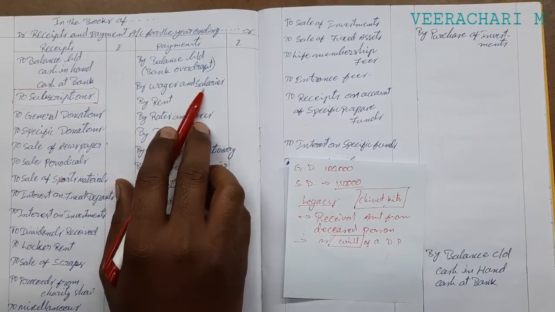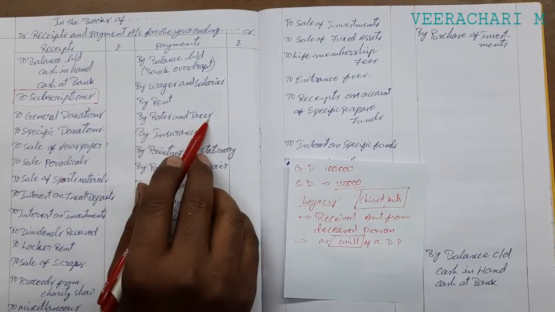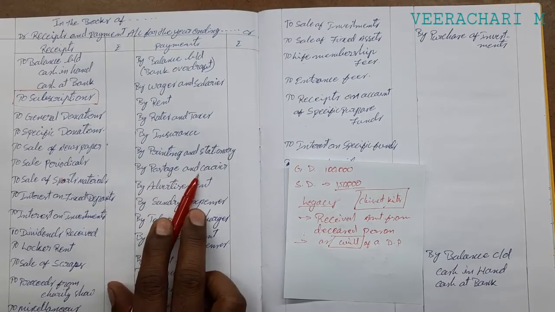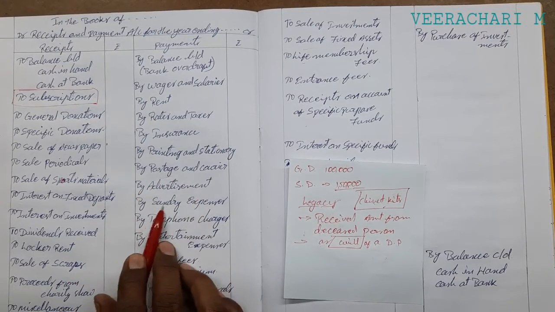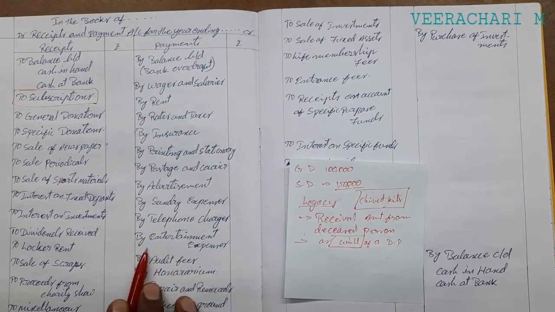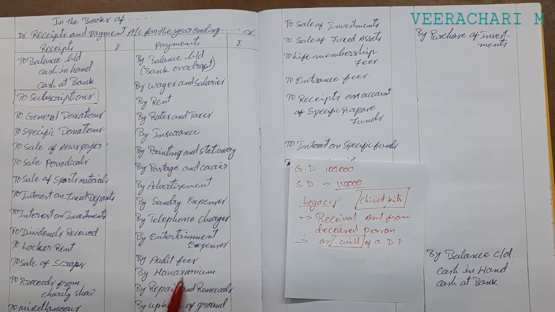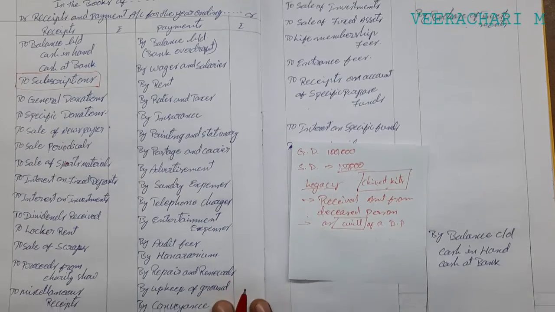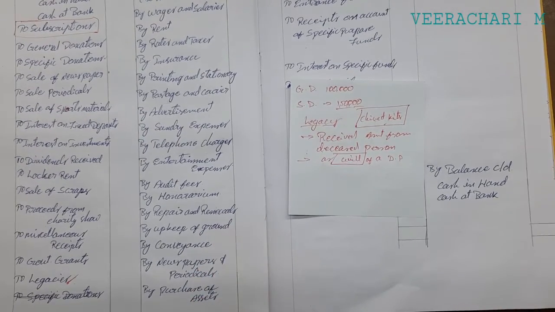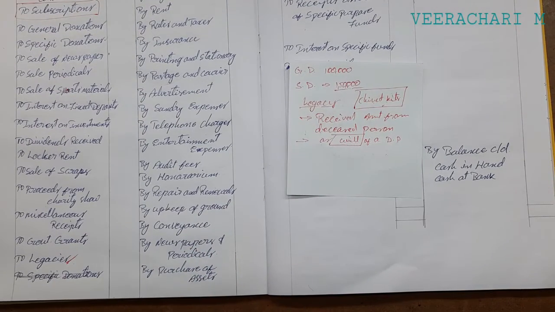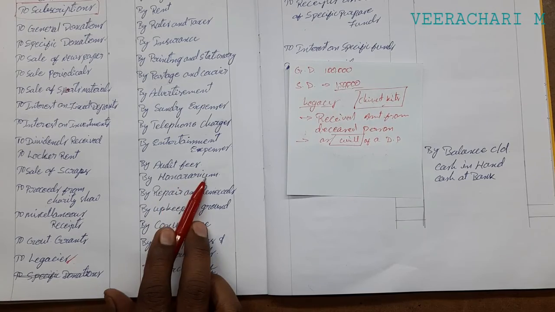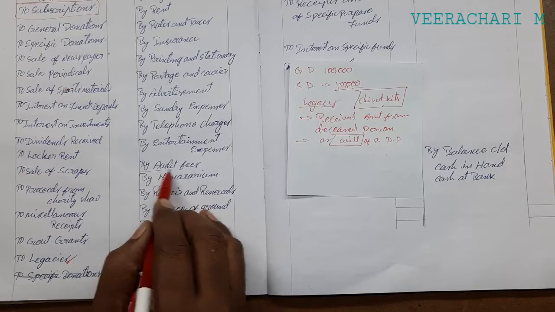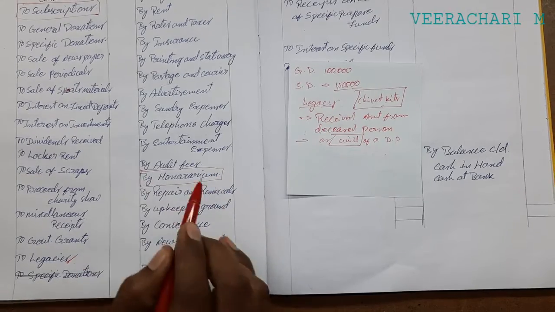Next, wages and salaries, rent, rates and taxes, insurance, printing and stationery, postage and courier, advertisement, sundry expenses, telephone charges, entertainment expenses, audit fees, and honorarium. We already discussed honorarium in the discussion of the income and expenditure account.